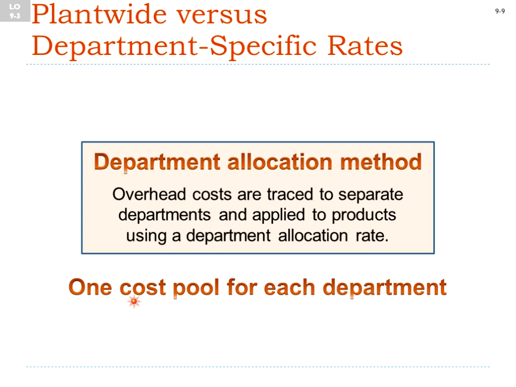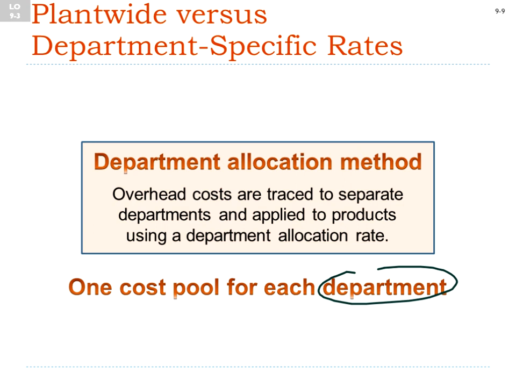When you're doing the department allocation method, overhead costs are traced to separate departments, and then they're applied to products using the department allocation method. So in a company like this, there's one cost pool for each department, and there's going to be at least two or more departments.